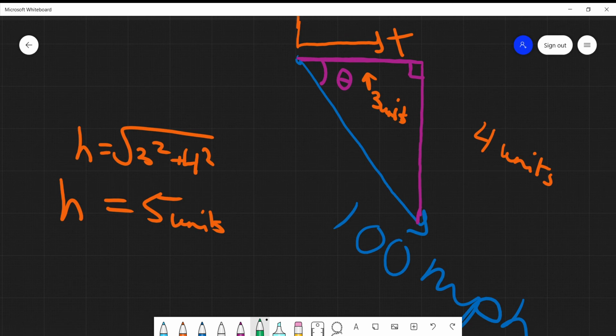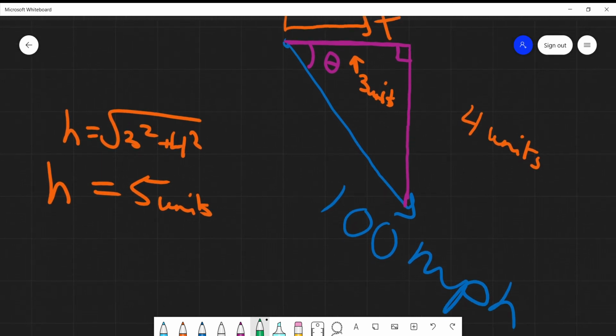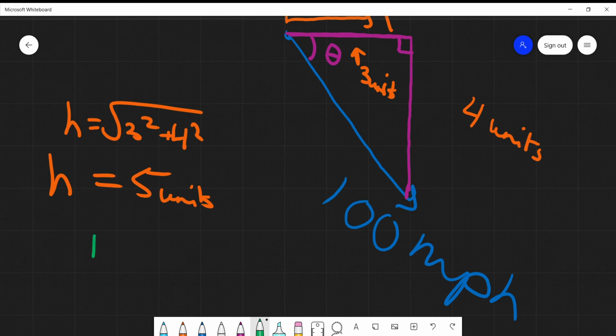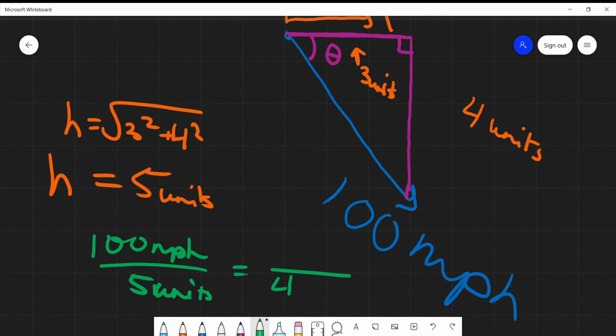So I'm going to use this methodology. If we say there are 100 miles an hour per 5 units, and we know that there are 4 units vertically, we can use a ratio to figure out how many miles per hour that is. So that's 100 times 4 divided by 5, so we get 80 miles per hour.